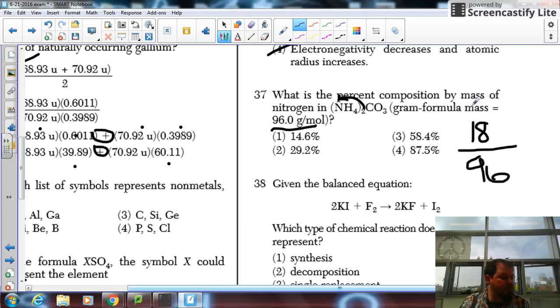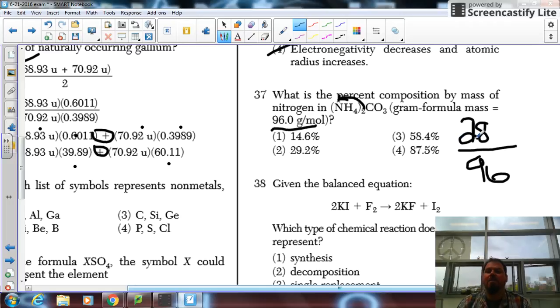Nitrogen is 14. Do I have the mass of nitrogen wrong? What's going on here? Periodic table. Nitrogen. Off the top of my head, I thought it was 14. It is 14. Oh, 14 and 14 is not 18. Oops. 14 and 14 is 28.